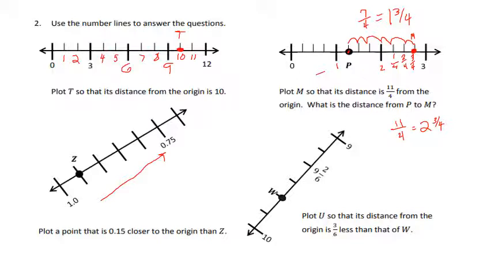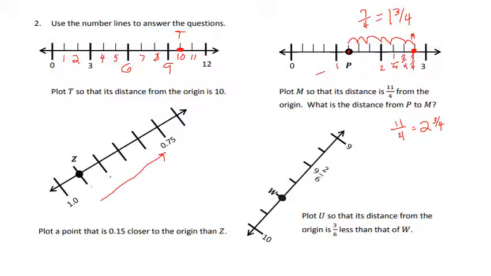So if I can see the distance here, I know this is 25 hundredths because 1, 2, 3, 4, 5, and 1 minus 75 hundredths is going to be 25 hundredths. So let's just try 5 hundredths. So this would be 80 hundredths, 85 hundredths, 90 hundredths, 95 hundredths, 1.